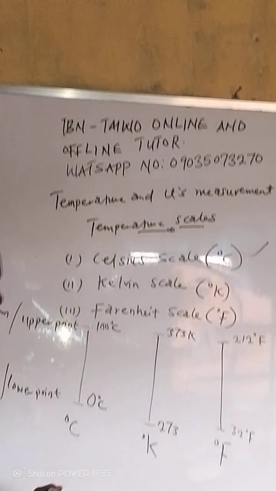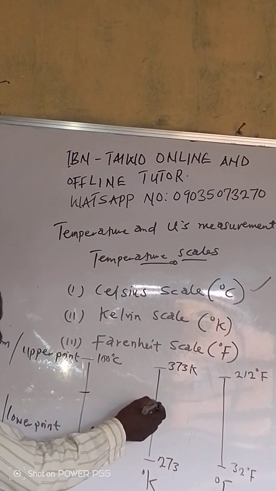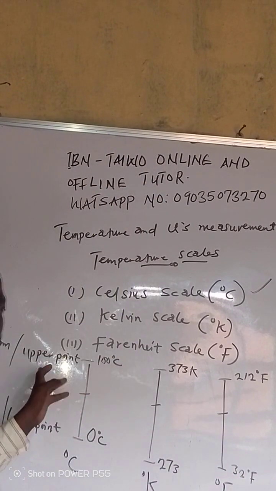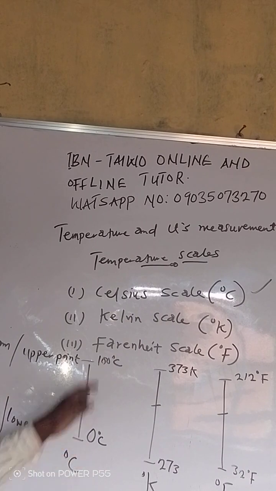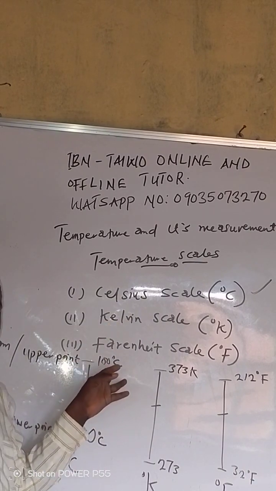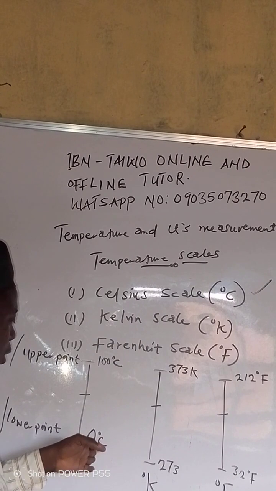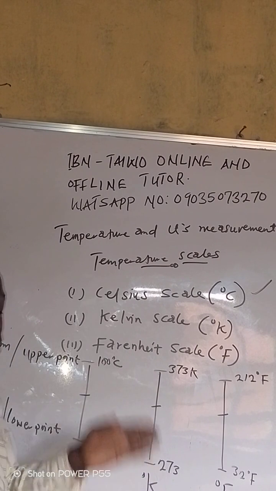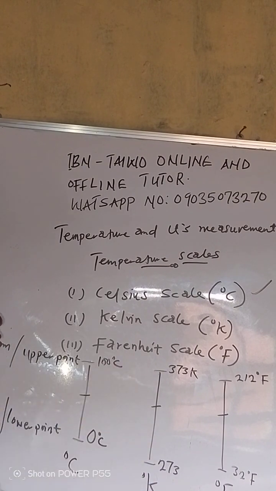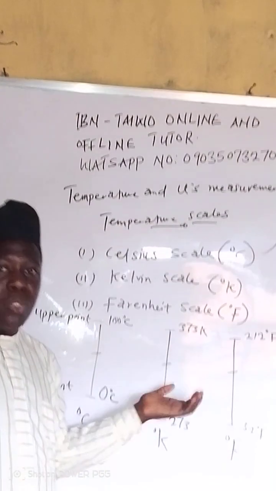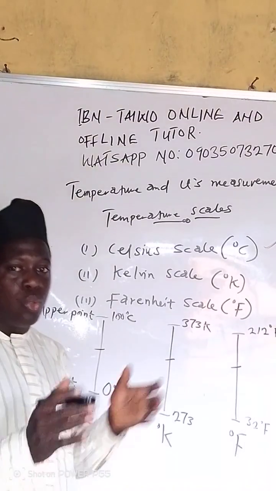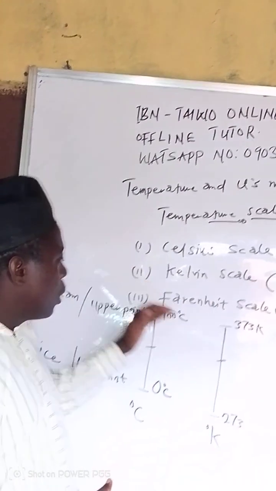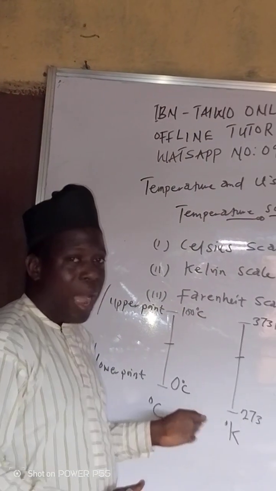If you look at it, the upper point of the Celsius scale is 100 degrees Celsius, while the lower point is 0 degrees Celsius. Try as much as possible to master all these things. Once you master it, when it is time to solve any question, you'll be able to just bring the table with their upper point and lower point.